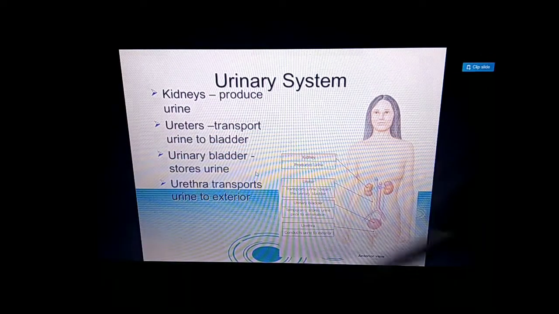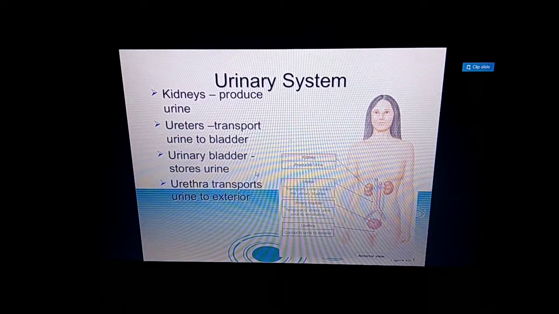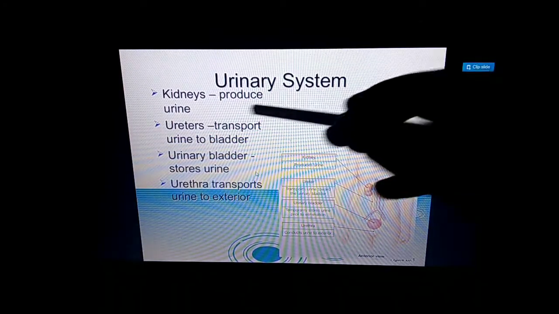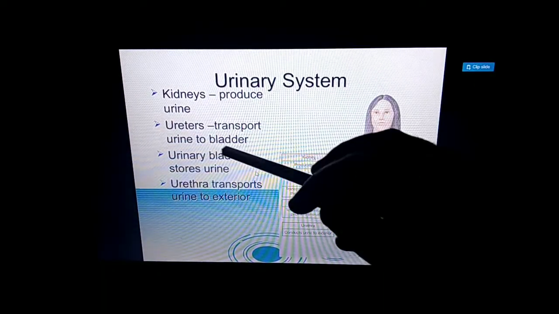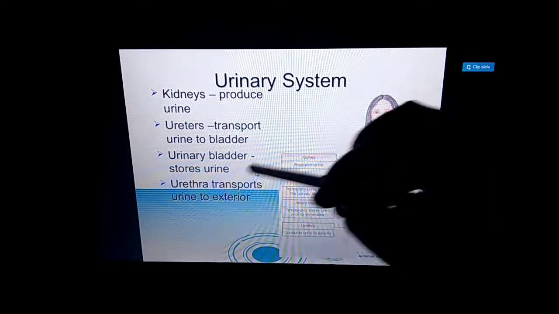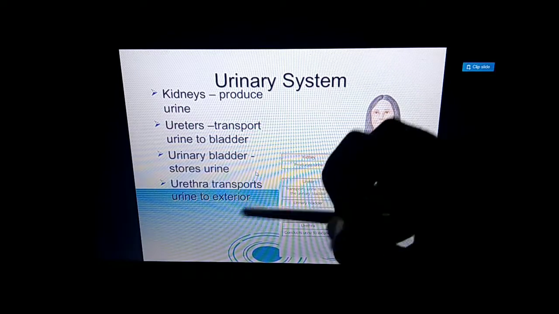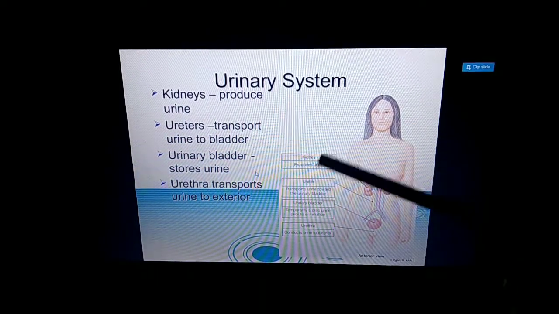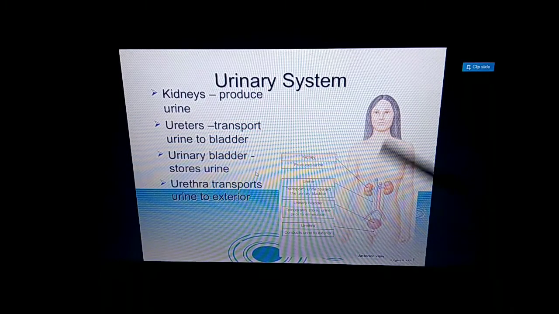Now this is the whole brief discussion of the urinary system: kidneys produce urine, ureters transport urine to the bladder, the urinary bladder stores urine, and the urethra transports urine to the exterior, outside of the body.